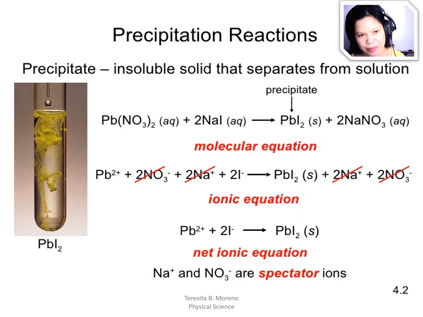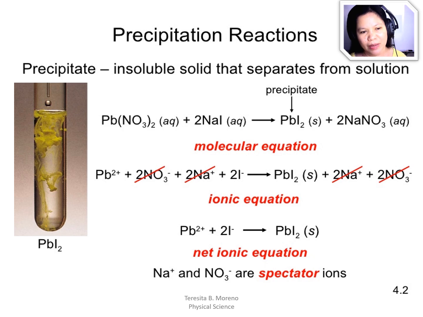Next is the precipitation reaction. From the word precipitate, there will be compounds that will be suspended at the bottom of your container, since a precipitate is an insoluble solid that separates from the solution. For example, take the compound lead iodide.